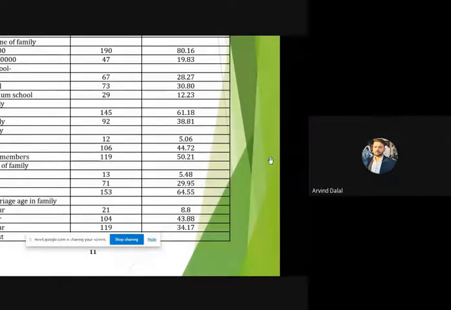Literacy rate and the average marriage age, like we are seeing. Average marriage age in the family: below 18 years 21, 18 to 21 104, and above 21 119.